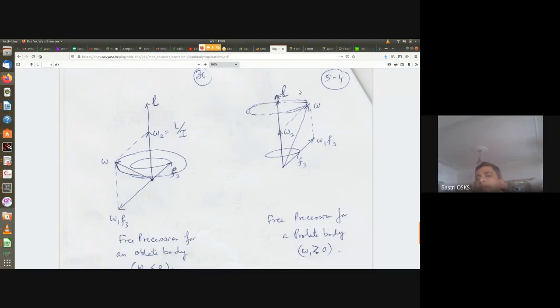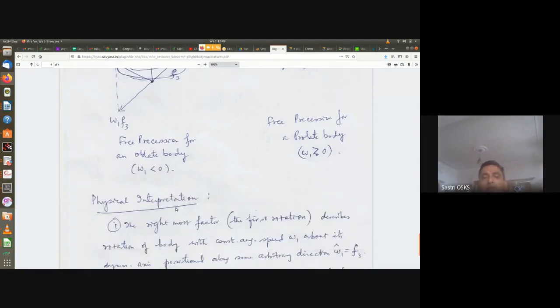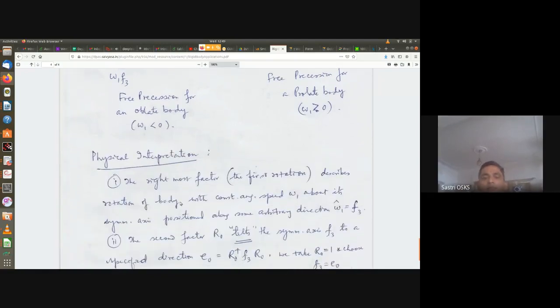So it's rotating like this and going around like this. Same thing here, because omega 1 is less than 0, so obviously this will be at a different angle. So you see here, the rightmost factor, the first rotation, describes rotation of the body with constant angular speed omega 1 about its symmetric axis, positioned along some arbitrary direction F3.